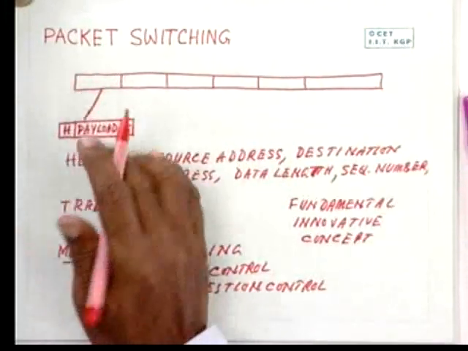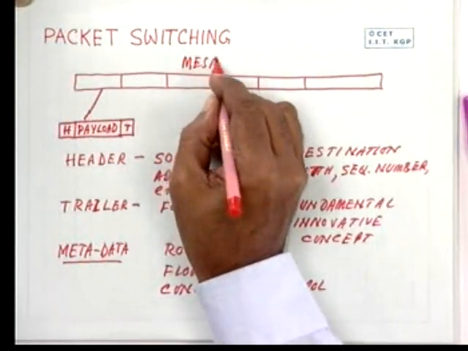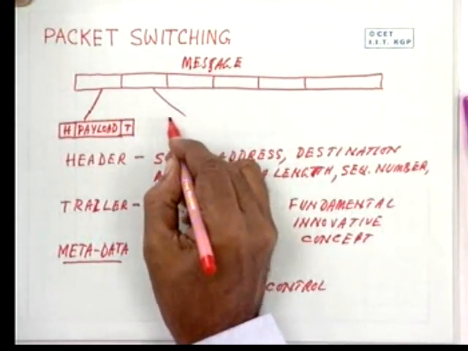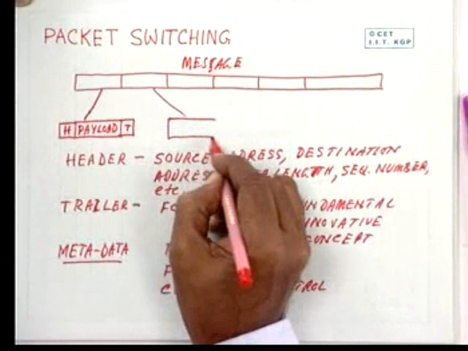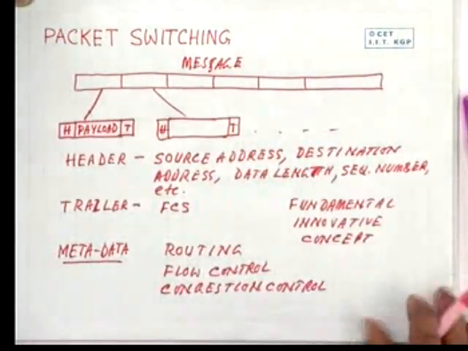And with the help of this metadata, each packet is made self-descriptive. Moreover, we shall use the same basic concept of store and forward. The first thing that we are doing is breaking down a long message into a number of packets. So this is again another packet with header and trailer and so on.